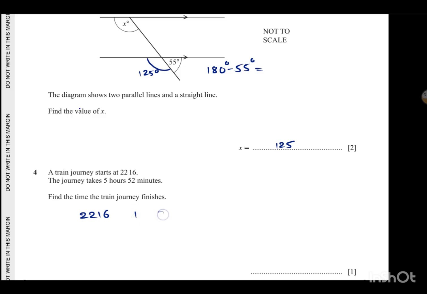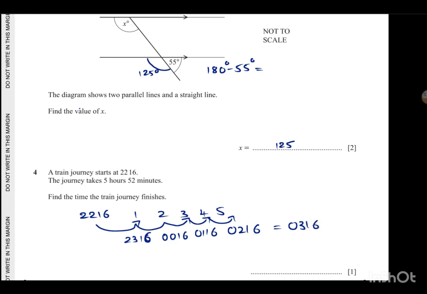So let me write 1 2 3 4 5 hours. This is 23:16, then 24 will be 00:16, where the day starts 00 and then 16 minutes passed. Next it is 01:16, then 02:16, then 03:16.